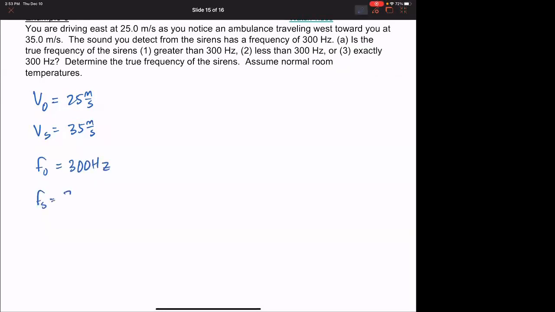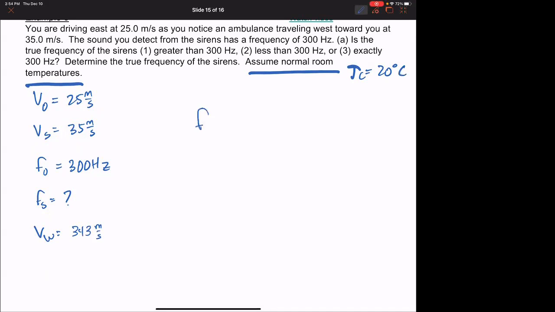We want to find the frequency of the source. It says assume normal room temperatures. That means TC equals 20 degrees Celsius, so the velocity of sound is 343 meters per second. Whenever you see assume normal room temperature, that's 20 degrees Celsius. I think I mentioned that earlier this year, but I'll reinforce that.